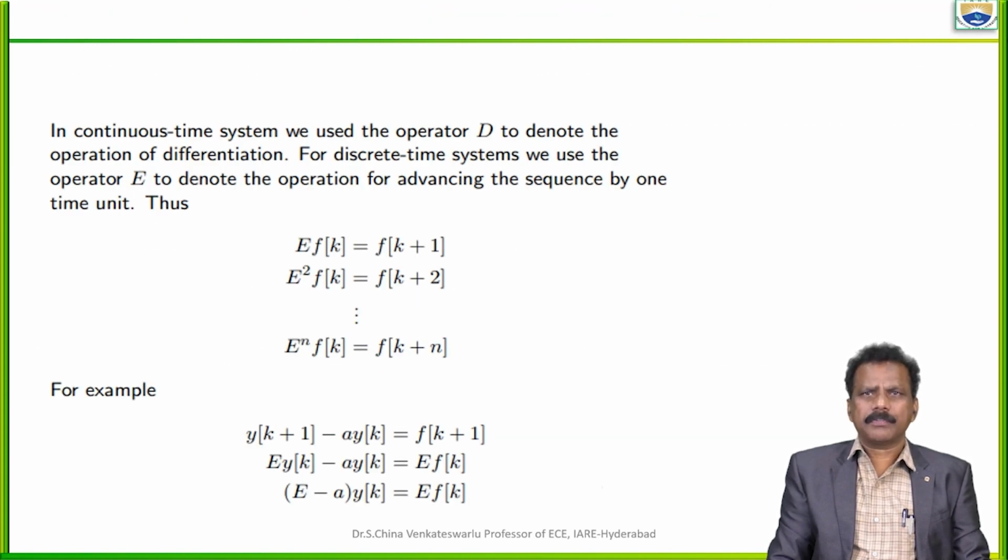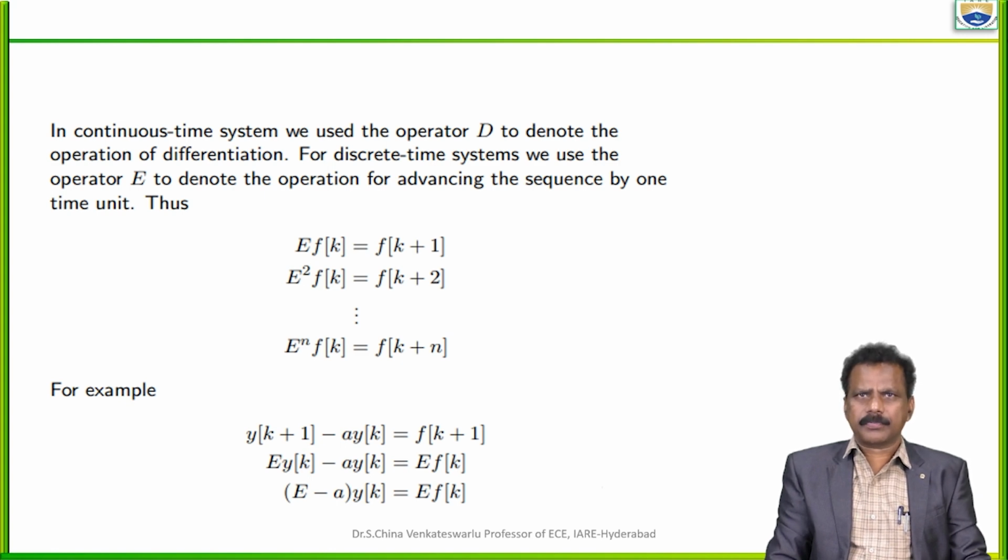Now, if we are considering the continuous time system, CTS, we use the operator D to denote the operation of differentiation. For a discrete time system, DTS, we use the operator E to denote the operation of advancing the sequence by one time unit. Thus E of f of k is equal to f of k plus 1.